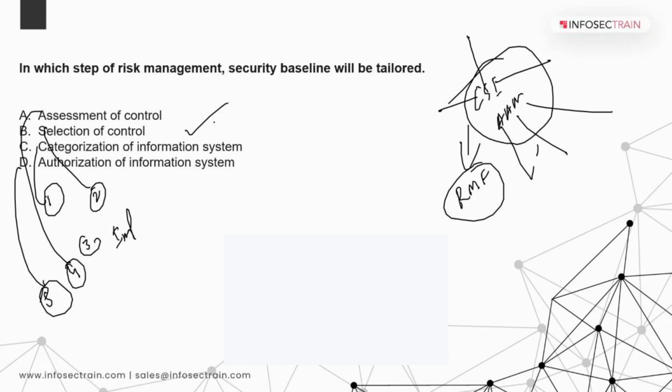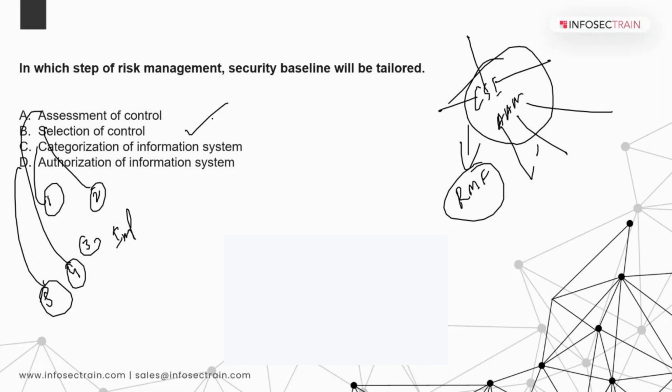when you select a baseline, you have to tailor, or you can say scoping or tailoring, because maybe the control you are going to select is completely not supporting. So as per your need, you have to tailor. It's like you want to make a new suit, and you have just raw material. You have to reach a tailor, and they can make it as per your requirement, right?